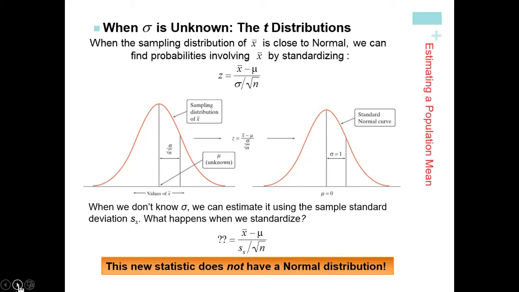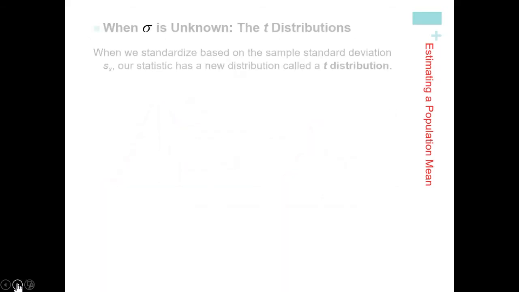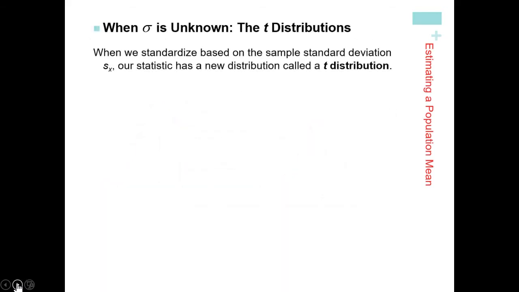So this is not a normal distribution anymore, so we can't use z-scores. So we're going to introduce a new type of distribution called a t distribution. We're going to spend the next chunk of time talking about how to find t distributions. So this is when we don't know the population standard deviation. So most of the time we use formulas for means, we're going to need to use a t distribution.